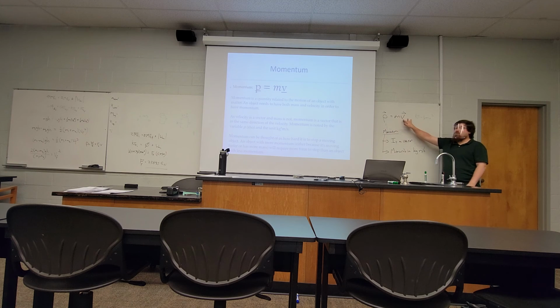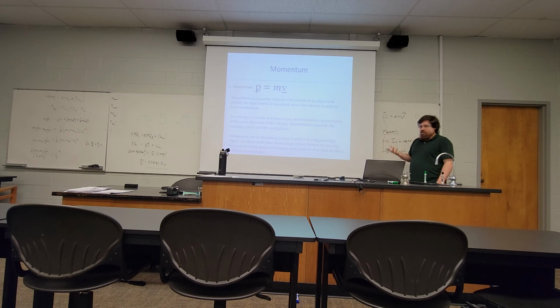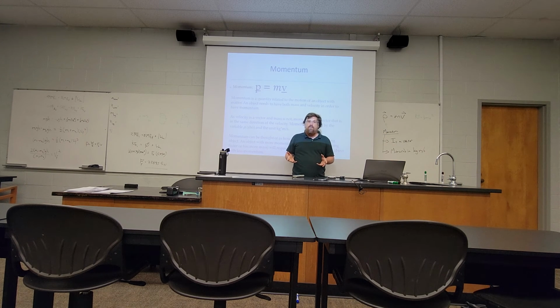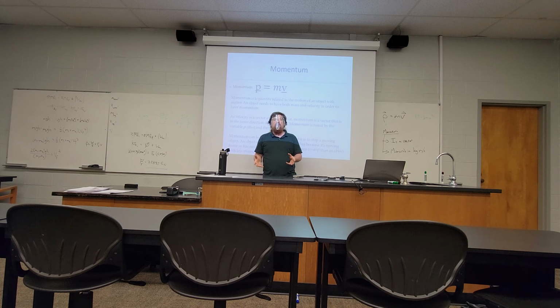Momentum inherits the direction from the velocity in the formula, meaning that if you're moving to the right, your momentum wants you to keep moving to the right, whereas your energy doesn't care. This becomes more apparent when we start examining collisions, which is the primary sort of problem that we're going to be using with momentum. And it's what we're going to be studying in lab this week.